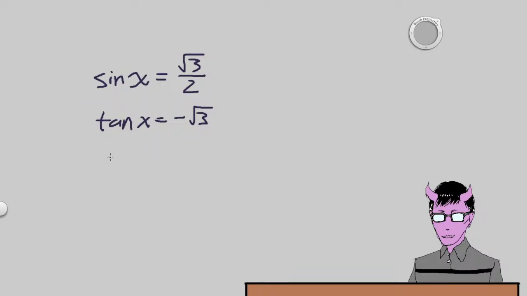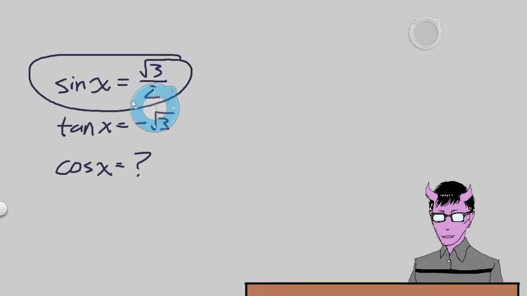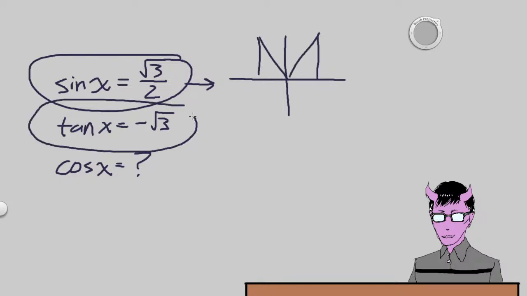And then we have one more thing. Cosine of x is equal to what? So that's our question. So here's the situation. This one right here, if we consider the possible scenarios for the x one, it will generate two possible scenarios, scenario number 1 or scenario number 2, and then this one generates its own possible scenarios for the x angle.